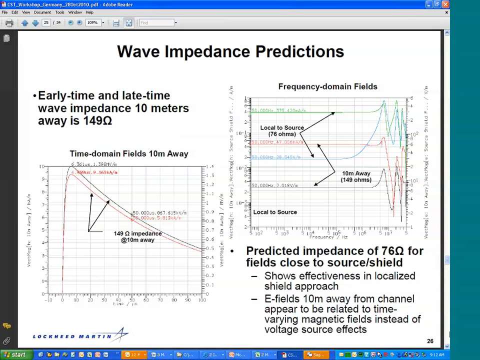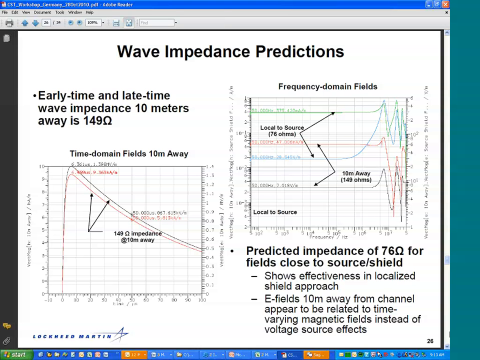And then for the wave impedance predictions, just to show what went on in the model, by having this little shield around the local source, I was able to control the wave impedance, shown on the right-hand side, at 76 ohms for fields close to the source, and then 10 meters away.